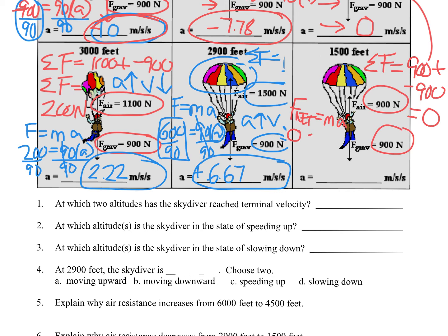But if net force is 0, even if we still have mass, whatever we divide into 0 is still going to be 0, so my acceleration is 0. And once again, we reach terminal velocity. That's when your force of gravity down is equal to the air resistance up. Awesome. This person is coasting, no longer speeding up.